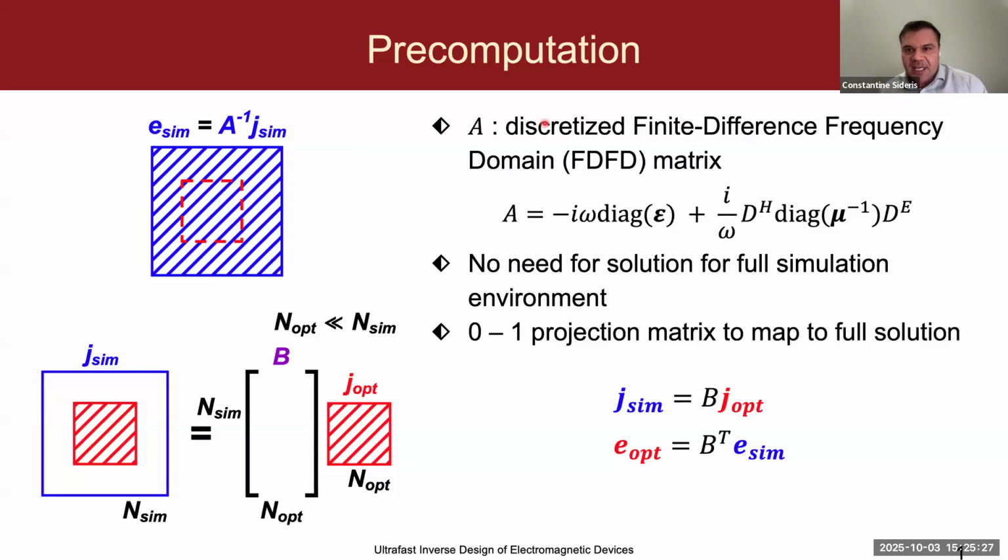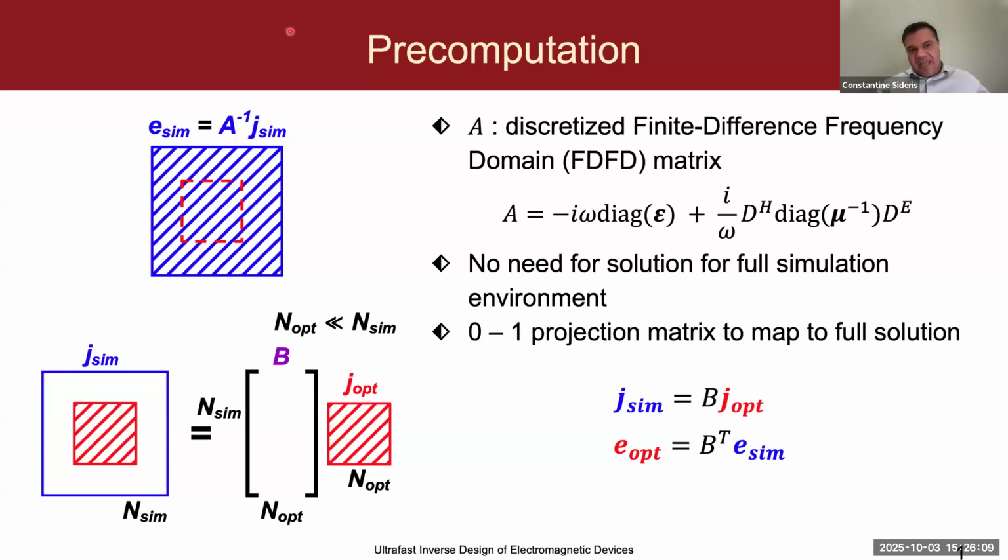And in general, a direct solver finds the inverse of this matrix A, which is the finite difference frequency domain discretized Maxwell operator. However, we don't need the full inverse of A. We actually just need the mapping from the J's in the optimization region, the currents in the optimization region, to the corresponding E's within the optimization region. And so to define this more precisely mathematically, we define a projection matrix B, which is a matrix that just has ones and zeros. It is a tall matrix, and so it maps J opt, which is the small vector that corresponds to just the ordered J's inside the small optimization region.